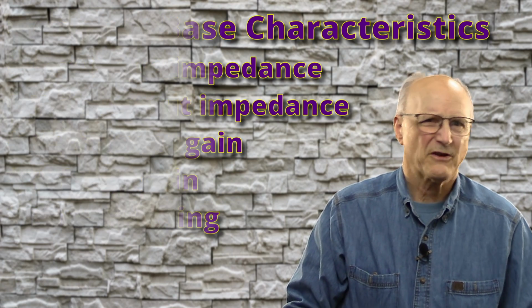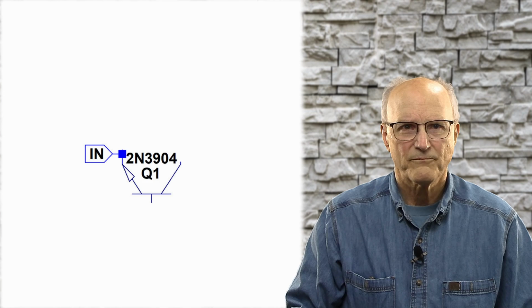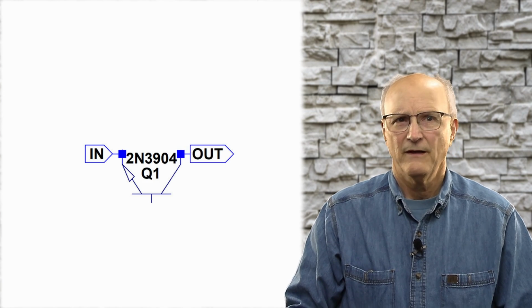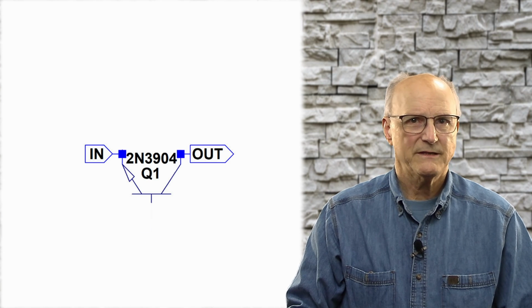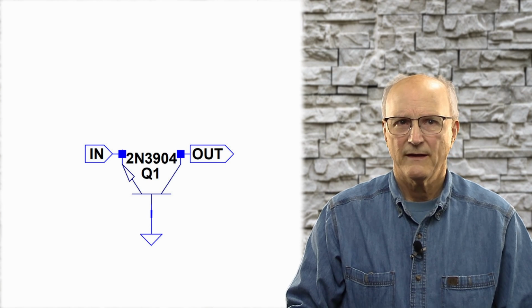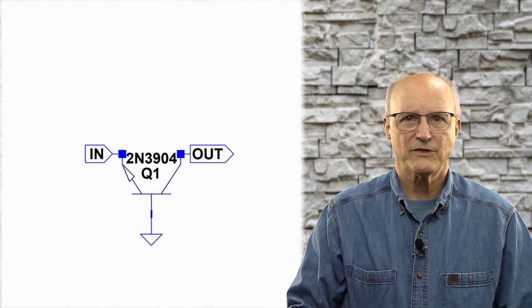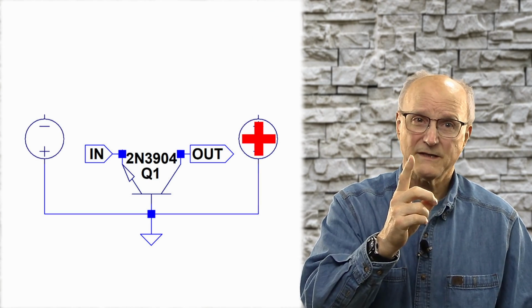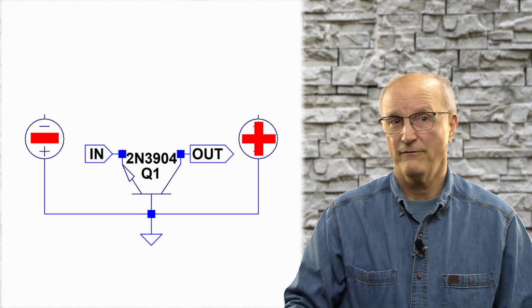So what does this circuit look like? To begin with, the input to a common base circuit is the emitter. The output is the collector. The base in this example is connected to ground. Now, with the common base configuration, we're going to need two power supplies, one positive and one negative.